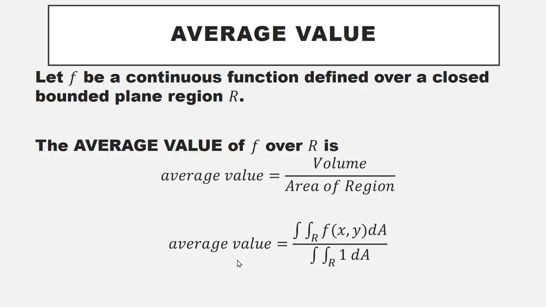Hopefully that makes sense why that is. Again, here is all the values divided by the area of the region we're integrating over. So that'll give me the average value of f over the region R.